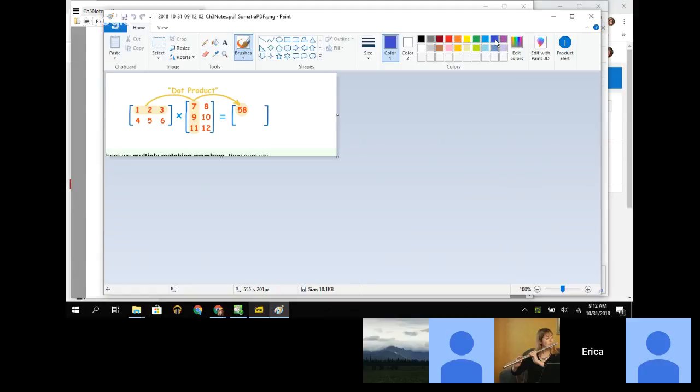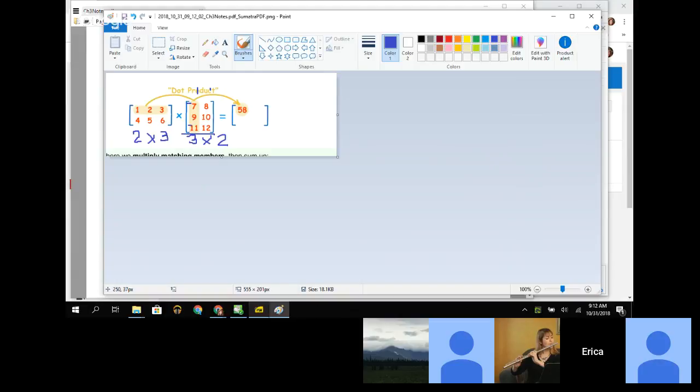So what I mean by that is that this first matrix right here is a 2 by 3 matrix. Okay, and our second matrix is a 3 by 2. Okay, this has 3 rows and 2 columns, so it's a 3 by 2.